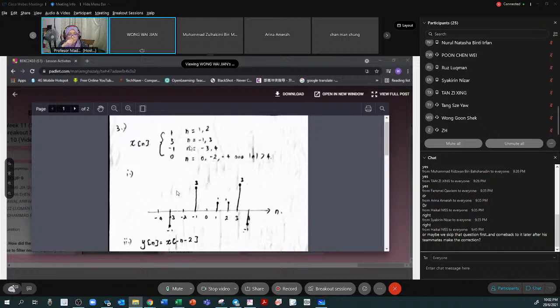And at -1 and 3 the amplitude is 3, then at -3 and 4 it is -1. So this is the initial signal, then n is in modulus 4. More than 4 and less than -4, it's 0.